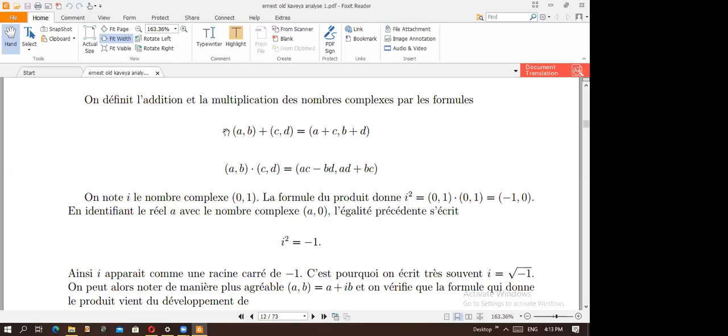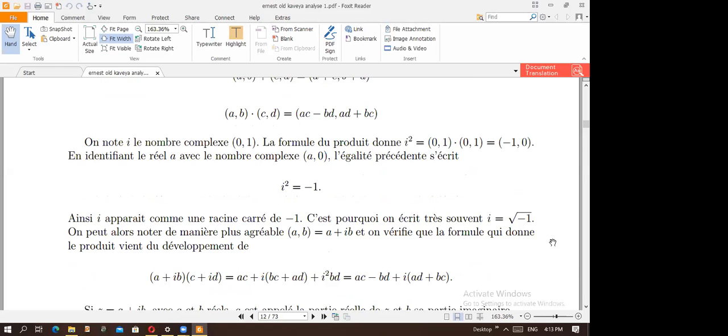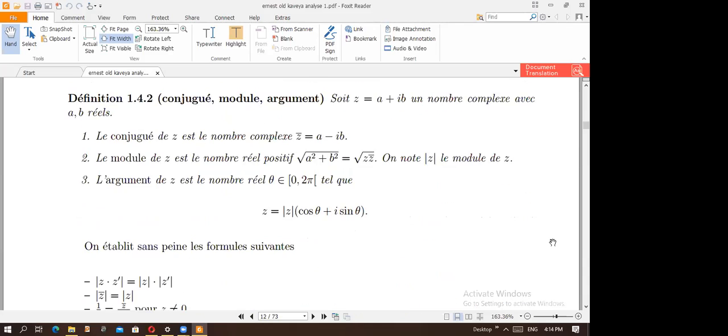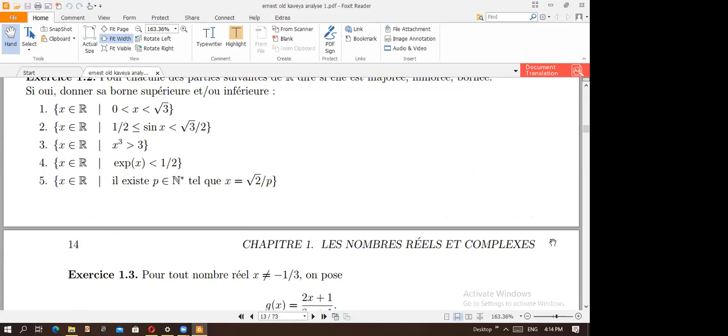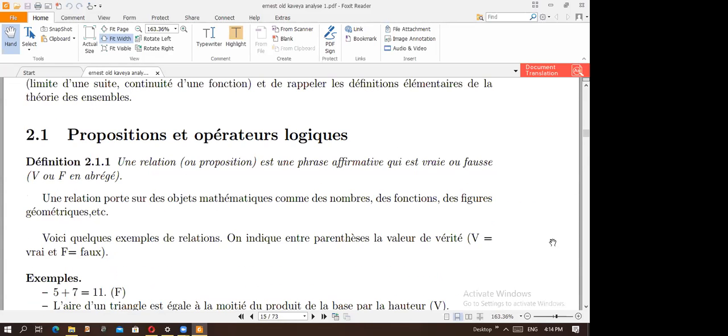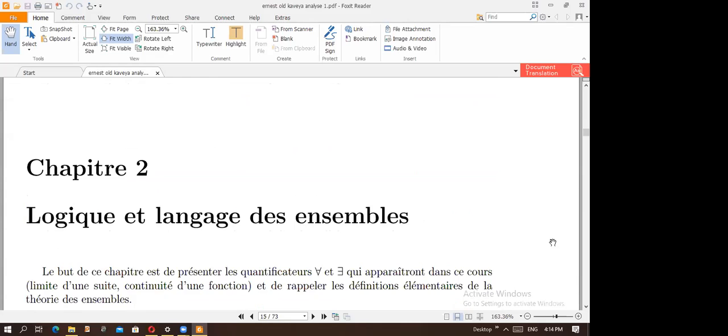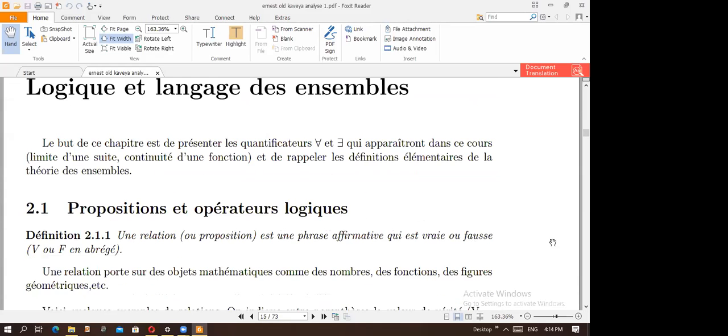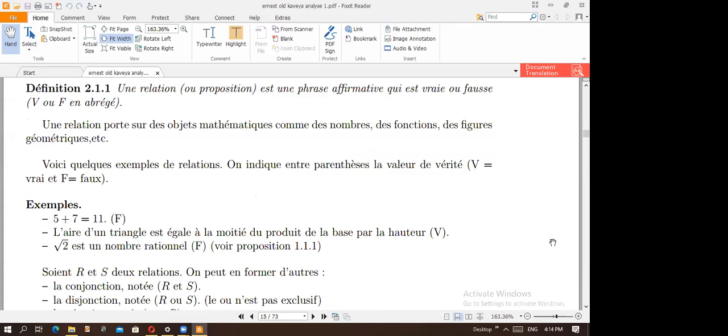Are there any other questions before we move on to sweets? There are no questions, I can move on. All these things, you're going to look at them in algebra.